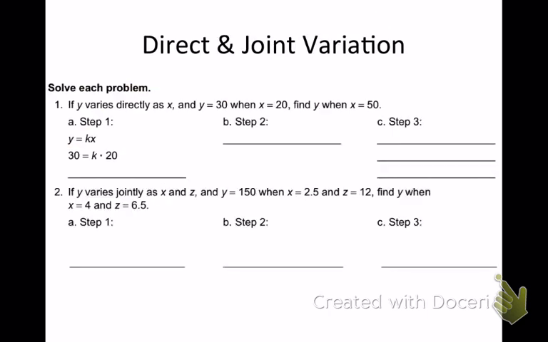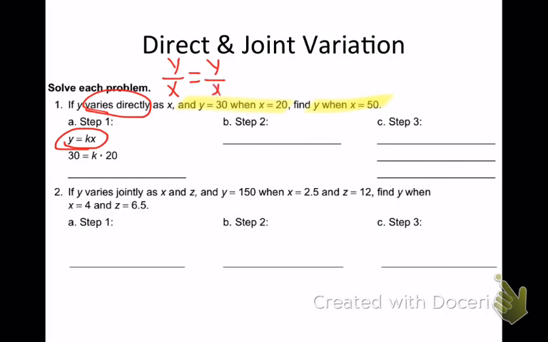All right, let's take a couple seconds and try these two on your own, or together. If y varies directly with x, and y equals 30 when x equals 20, find y when x equals 50. Okay? So varies directly. What's it mean to vary directly? Well, that means we have y equals kx, or y over x equals y over x.